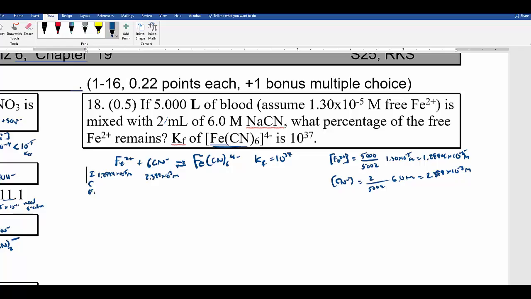Okay. The complex iron here is going to be 0, actually. But if we look at this K, it's huge, and so we need to reset this. So what I'm going to do is, I'm not going to go this way. I'm going to just reset the initial conditions. So the reset is, we'll get rid of the limiting reagent here. And so this is going to go to 0 molar.